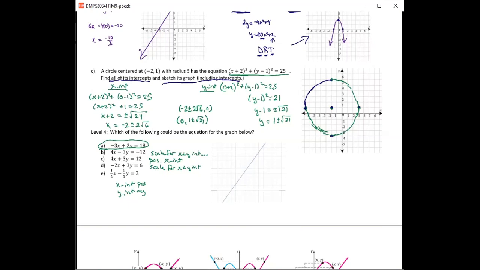So sketch the graph. To find the actual intercepts, we do the same thing: plug in 0 for y to find the x-intercepts, and plug in 0 for x to find the y-intercepts. What that ends up giving us, to find the x-intercepts, is negative 2 plus or minus 2 square root of 6. What I find very interesting is that the negative 2 is really going to be the center here.